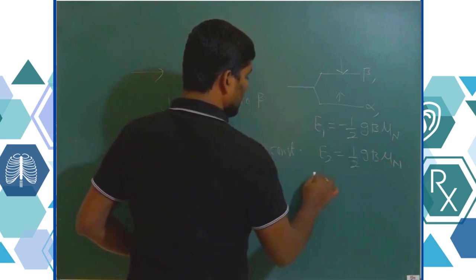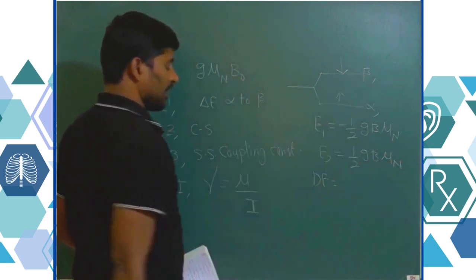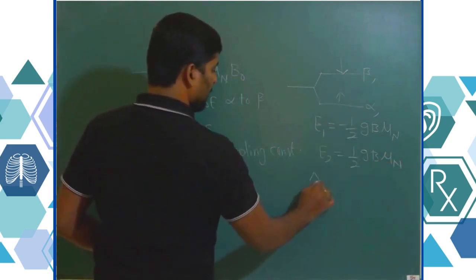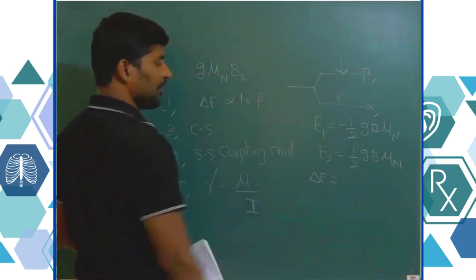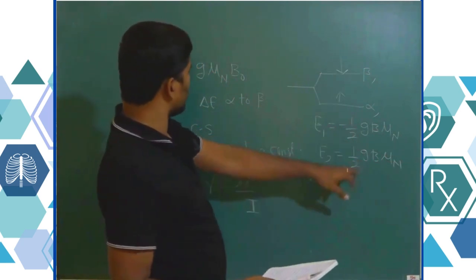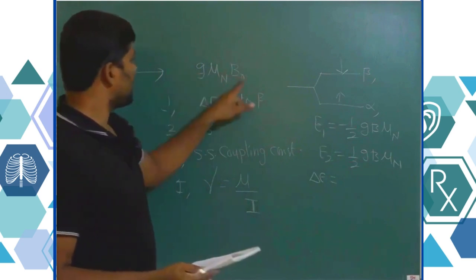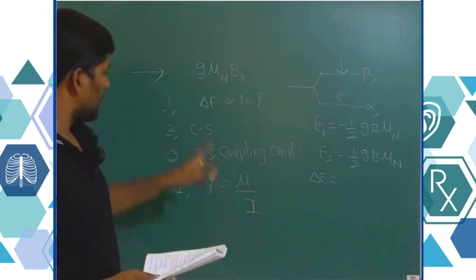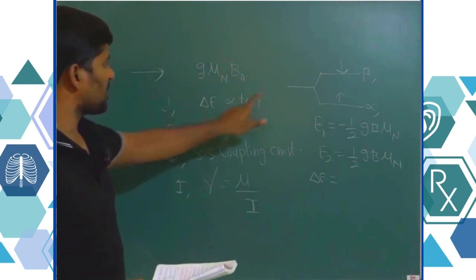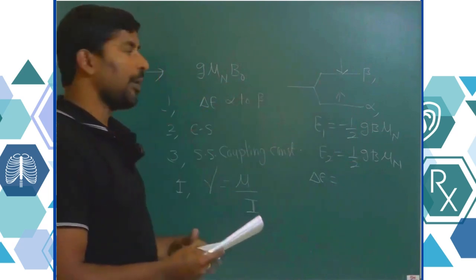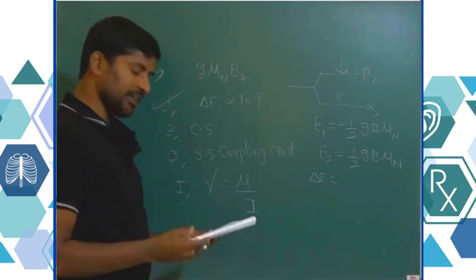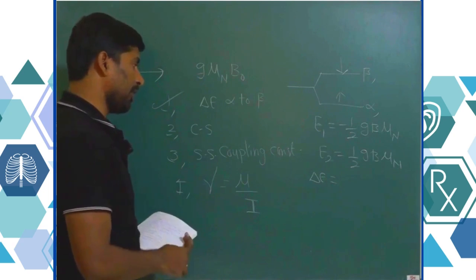So delta E, the energy of transition required for spin inversion, is E2 minus E1, which is g B0 mu n. So g B0 mu n indicates the energy of transition from alpha state to beta state.